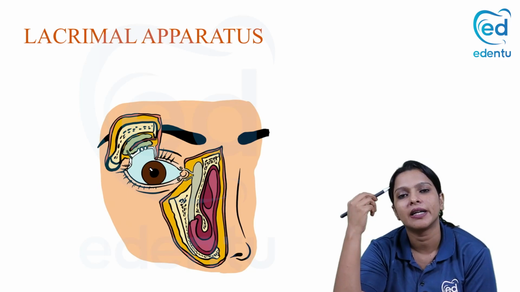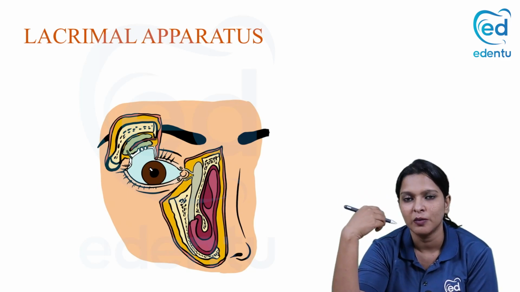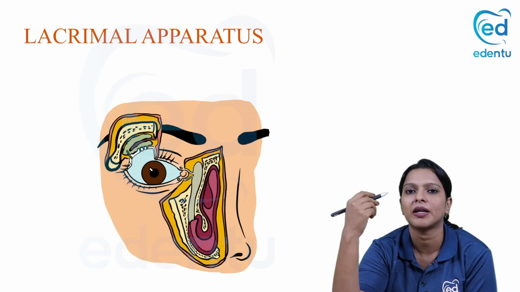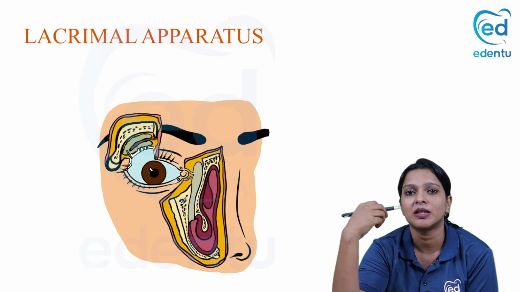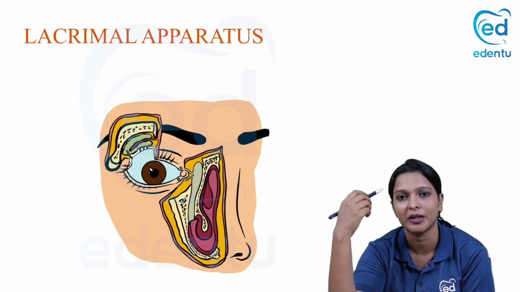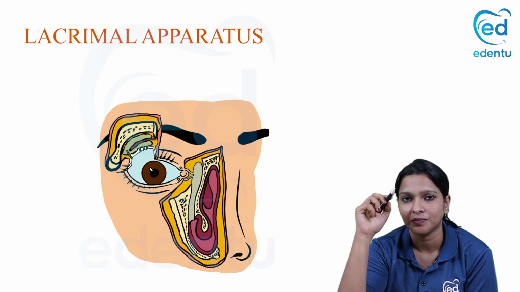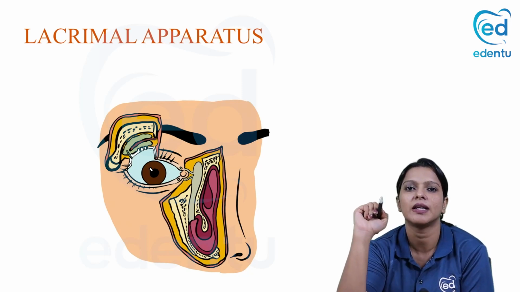From the sac, it drains into a duct called the nasolacrimal duct, which means this lacrimal apparatus is connected to the nasal cavity. If you cry too much, there will also be secretion from the nose. That is why this is happening. So through the nasolacrimal duct, it will come to the nasal cavity.